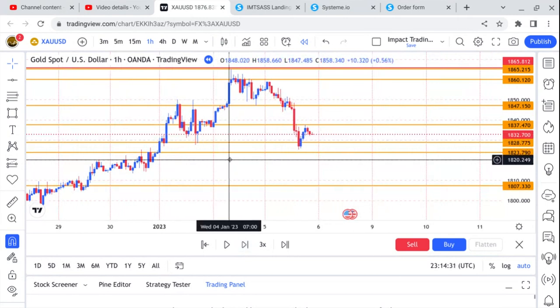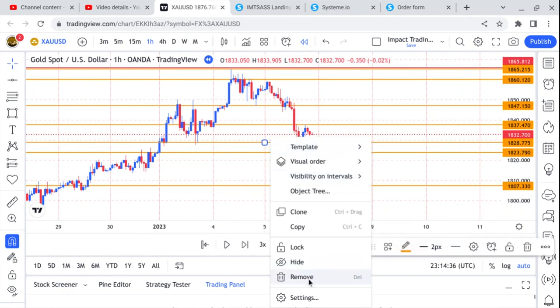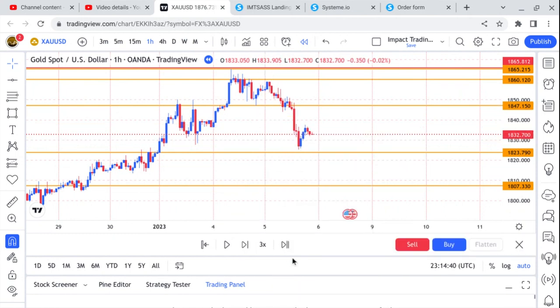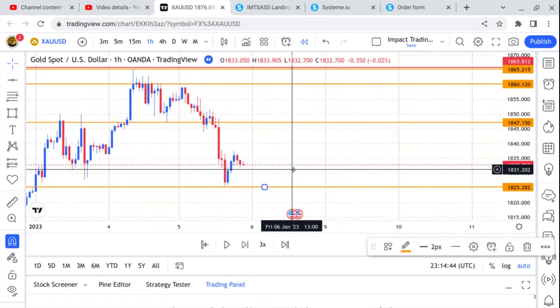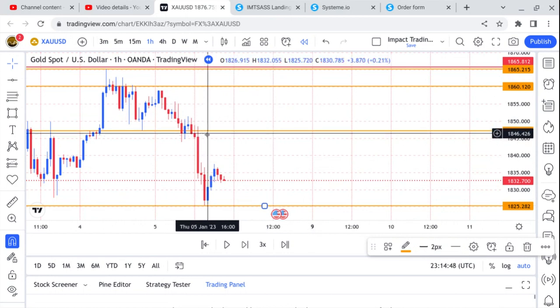All right, what did price do? Our levels were drawn correctly. Now price during the New York session, this would be your next trade opportunity during the New York session at 1500.